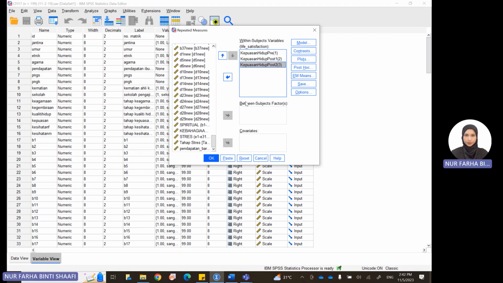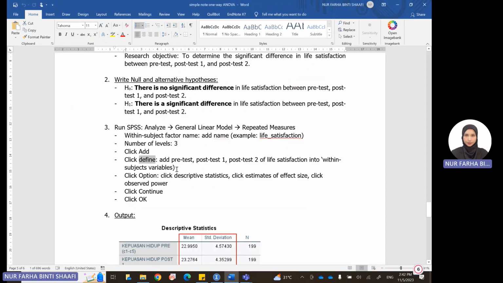All right. After you insert your variables here, you click option. Click descriptive statistic, click estimate of effect size, and click observed power.